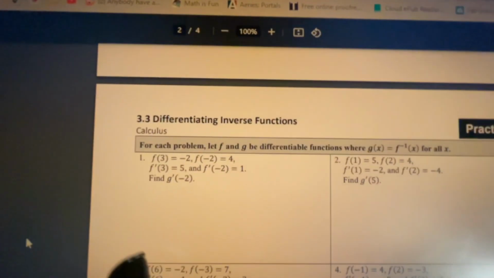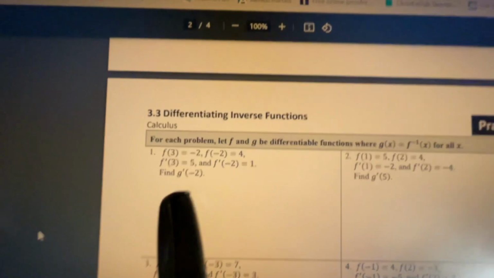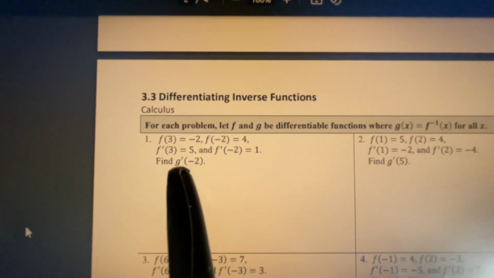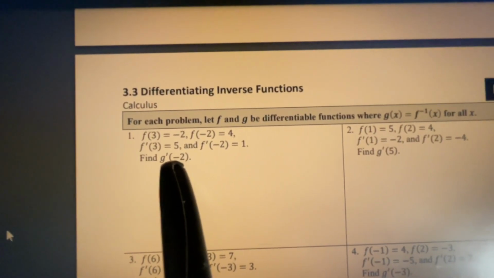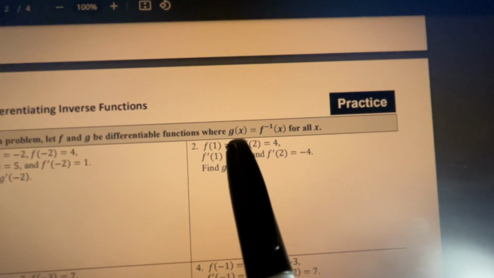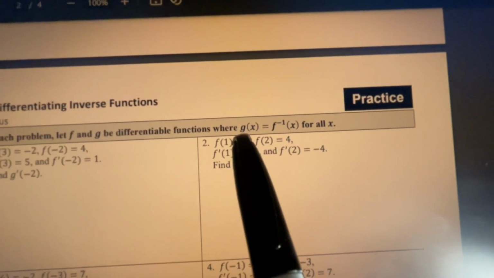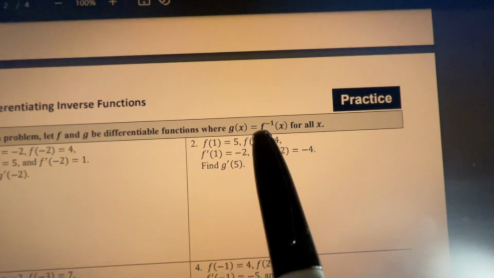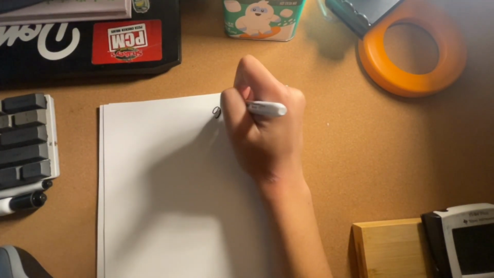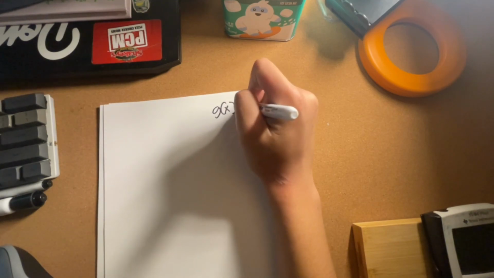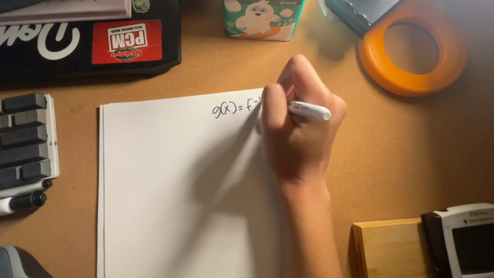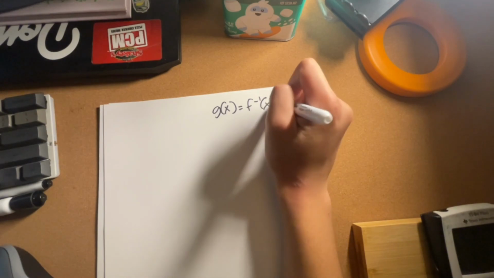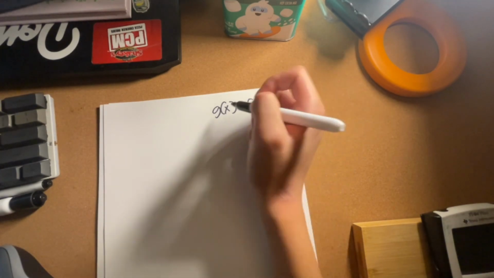Okay, so this is our problem, and what we gotta find is g prime of -2. And as I said earlier, look at all the fine text. g(x) is equal to f inverse of x. So I'll just write it down for you guys. You don't have to write this down when you're practicing. Well, you can, but on the AP test, I don't recommend doing that because time is so precious.